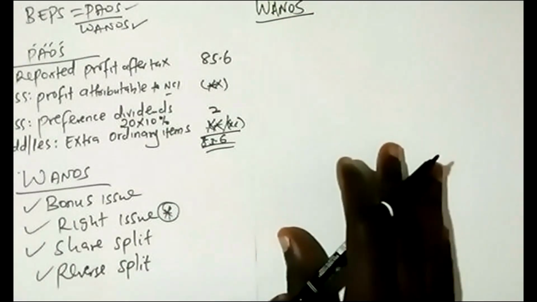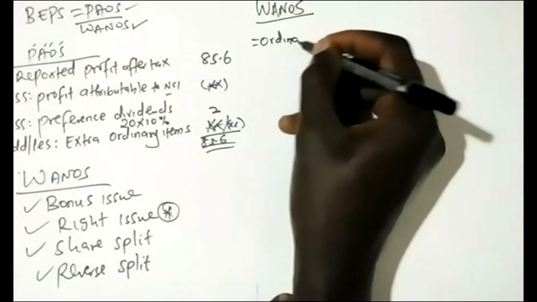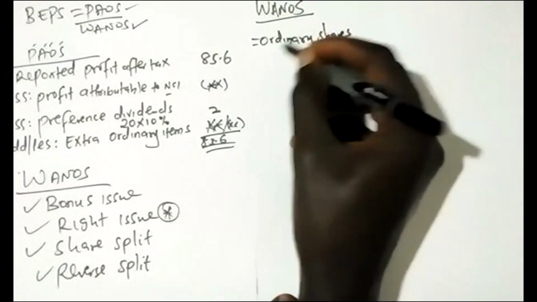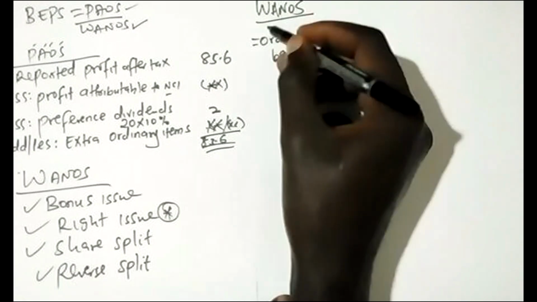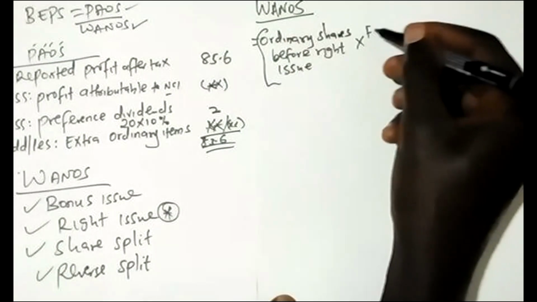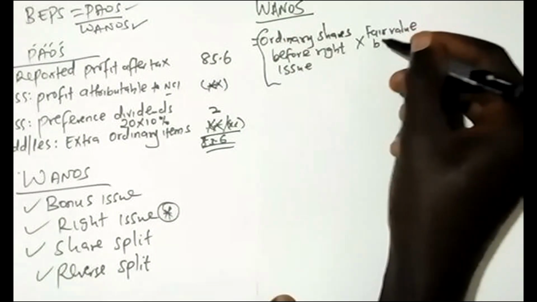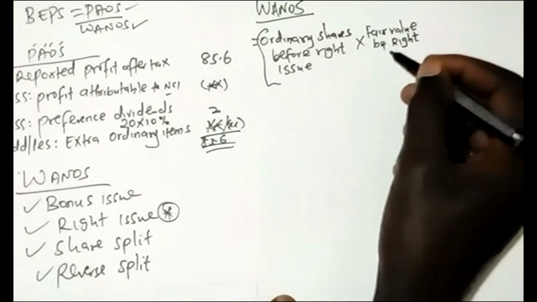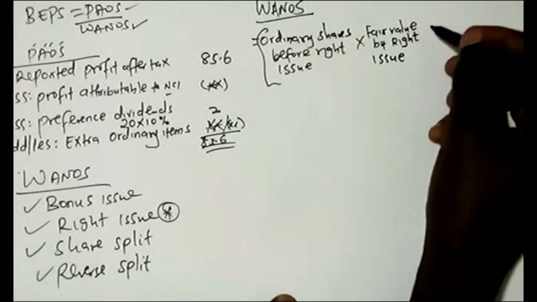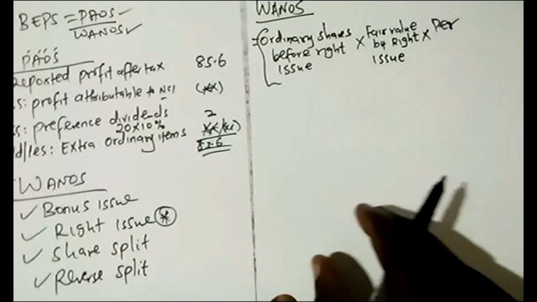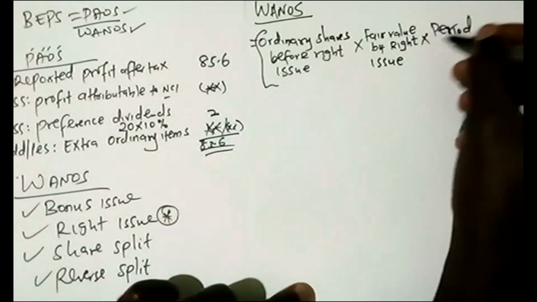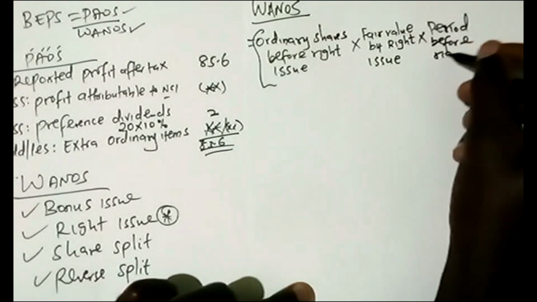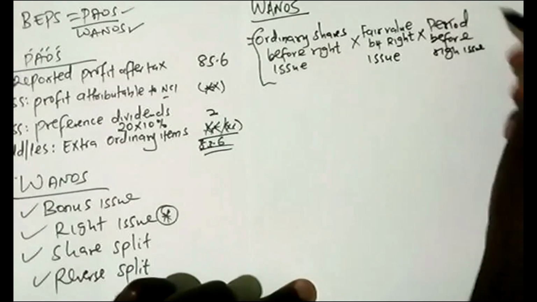So you write the formula, which is ordinary shares before right issue, then you multiply with the fair value before right issue, and you multiply with the period before right issue.